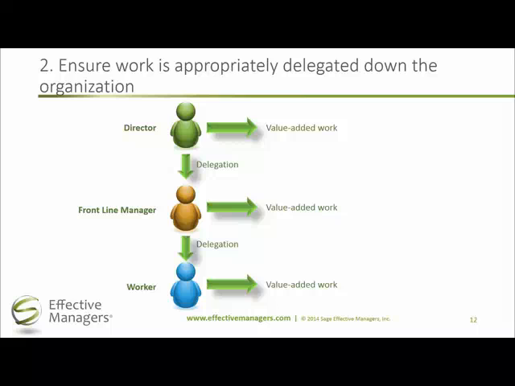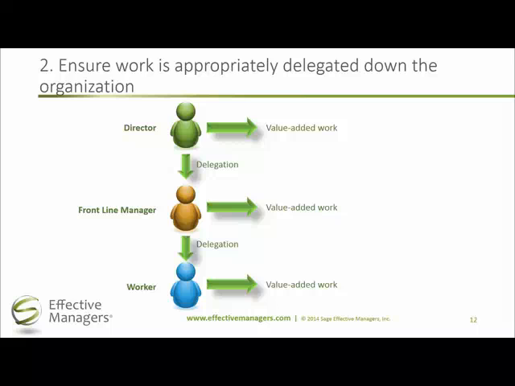So I've picked the bottom three layers of the organization here to give you a sense of that. If I'm a director, I've been delegated work by my vice president. As I talked about earlier in the five requirements, I need to decide what my value-added work is, as delegated to me from my vice president, and I do that value-added work.